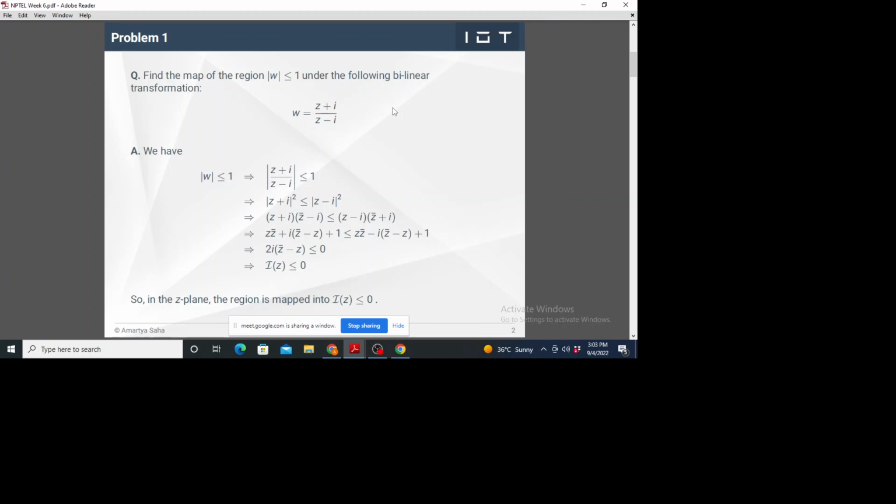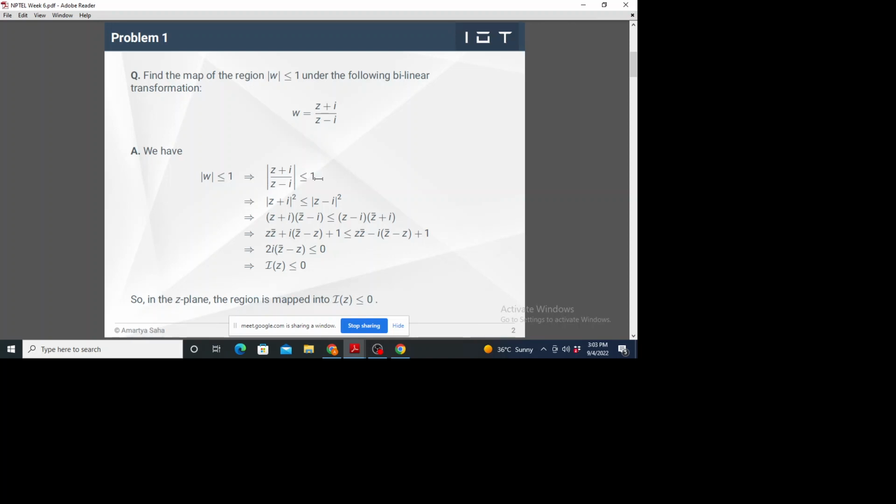This first problem can be done very quickly. We are already given mod W less than or equal to 1, so just substitute W equal to F(z).